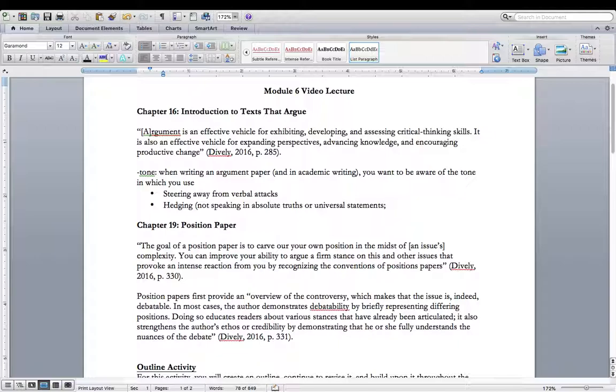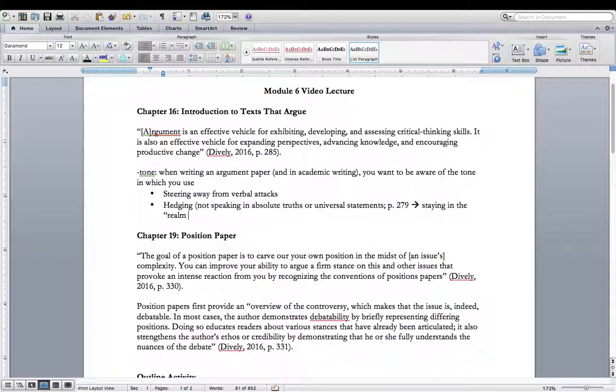Well, she also says, and I liked that she said this because I'd never thought of it in that way, but she talked about on page 279, she says, staying in the realm of the probable.